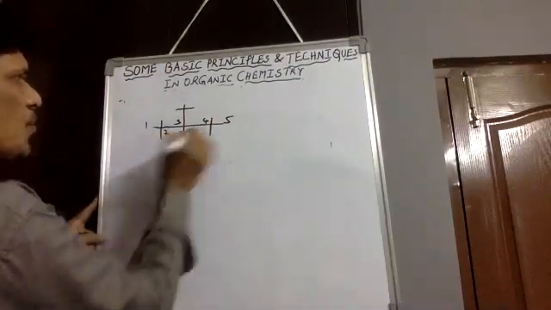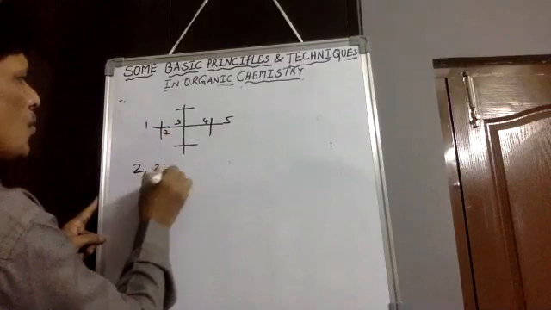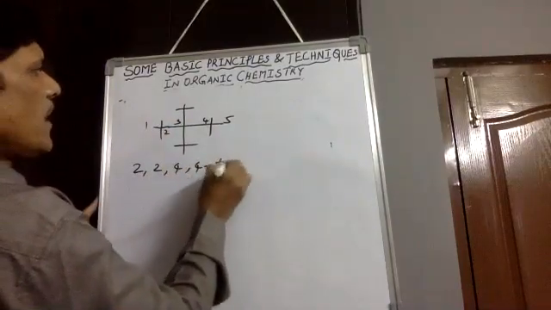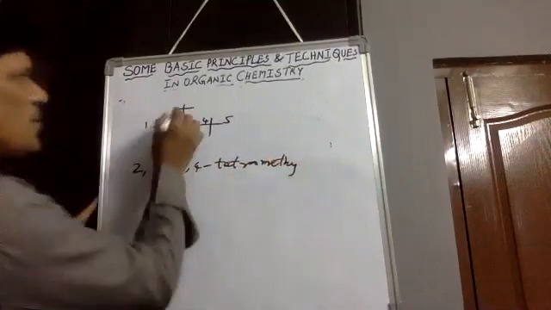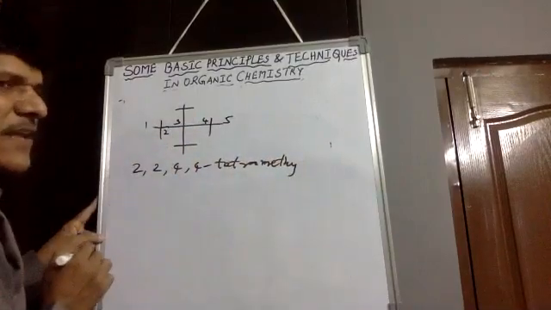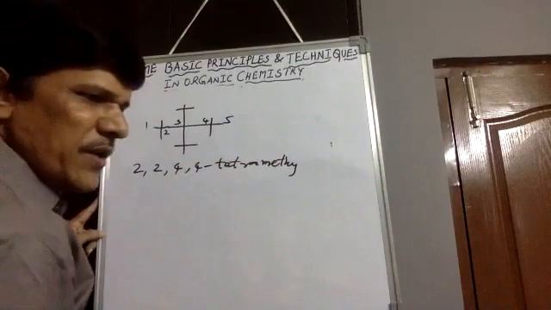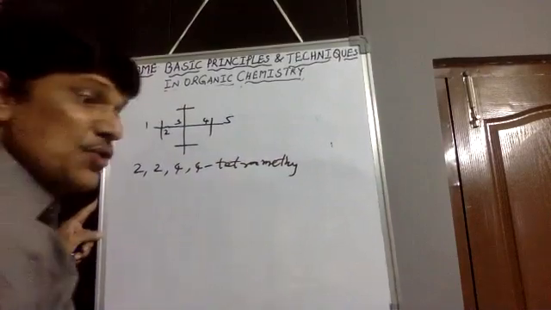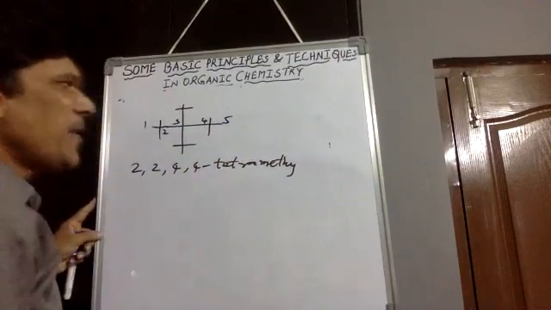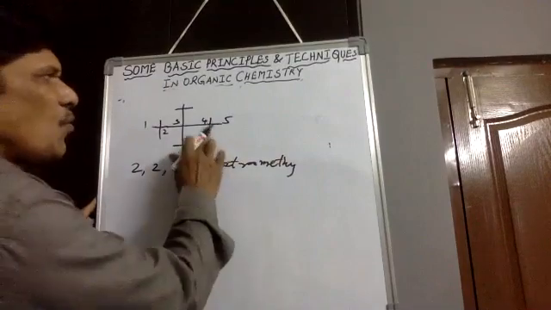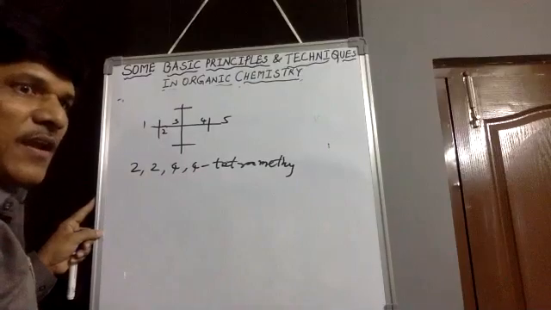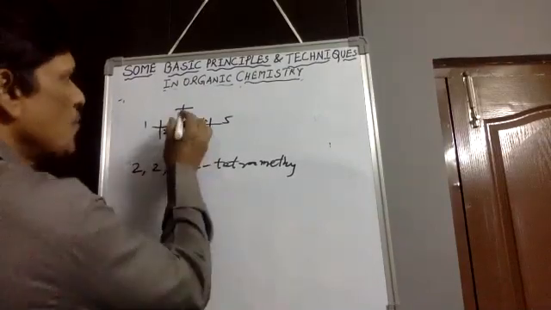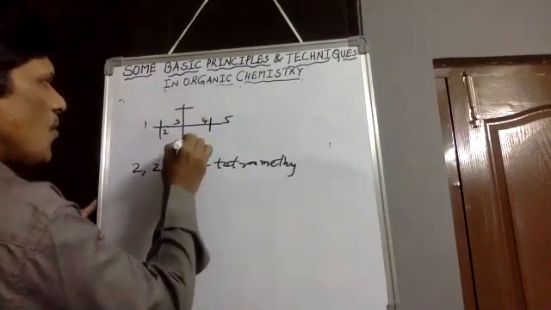Then second position 2 methyl, fourth position 2 methyl, 2, 2, 4, 4 tetramethyl. At third position, 2 identical groups are there. They are tertiary, but tertiary is not included in IUPAC nomenclature. Iso is included, but not tertiary. Because they are not given in the rules, we cannot say 3,3 ditertiary butyl pentane. So for that, we have to go with the side chain rule, 1, 2.